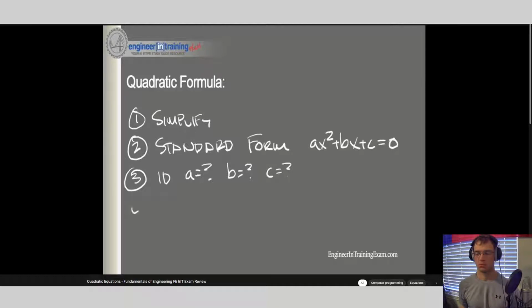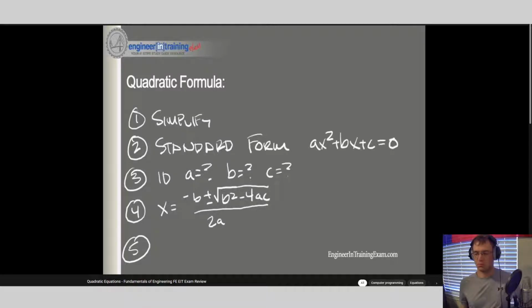Once we identify what a, b, and c are, we can take the quadratic formula, which is x is equal to negative b plus or minus the square root of b squared minus 4ac, divided by 2a. So we just take our values of a, b, and c and plug them into this equation. And then step number 5 would be, whatever those values are, if we can simplify and make them whole numbers, that's great. Let's do that.